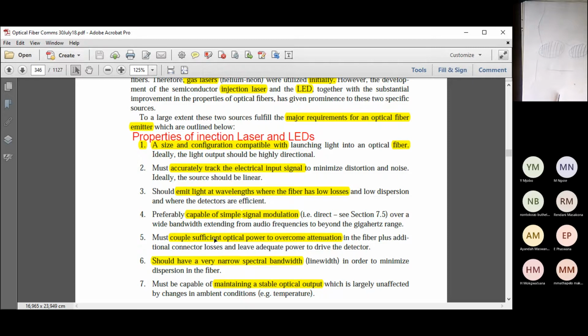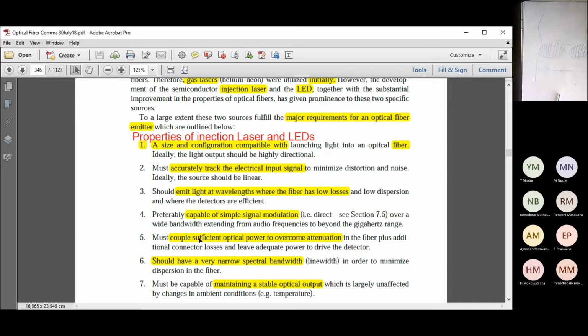It must couple sufficient optical power to overcome attenuation. With an LED, you're not going to get this right. It's impossible because the light goes in all directions for LEDs. The only one that will work well with this point will be a laser, which goes in one direction. And it's got sufficient optical power. Like I said, it will burn your retina inside your eyes.